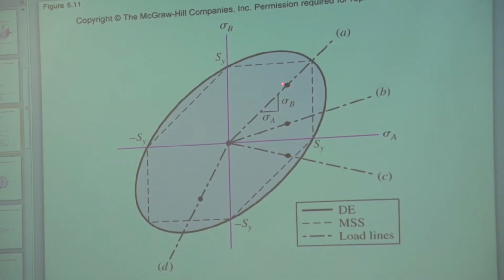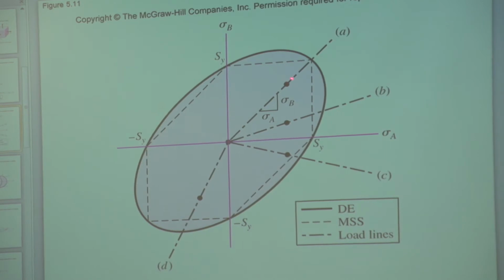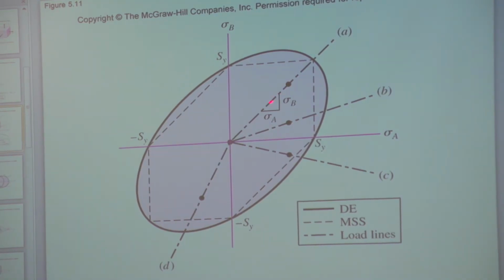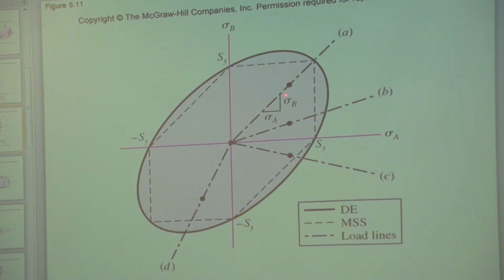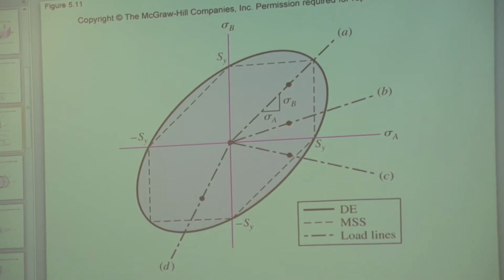The point plots here, that's your stresses, the two principal stresses, sigma A and sigma B. Here's the slope of that line. So you say the factor of safety is the distance from here to where it crosses the failure line, divided by from here to here. Or SY divided by the larger of the two principal stresses, which is what we've used.